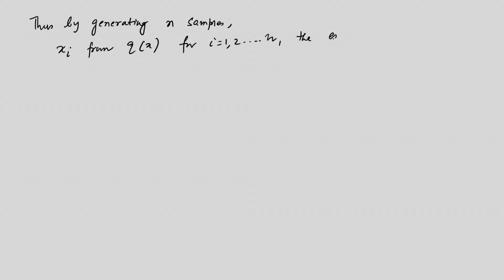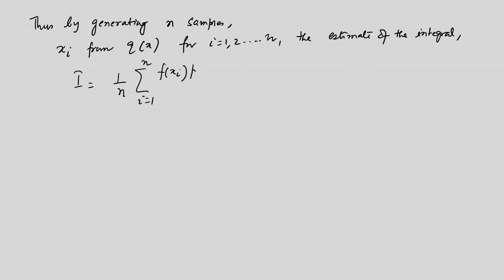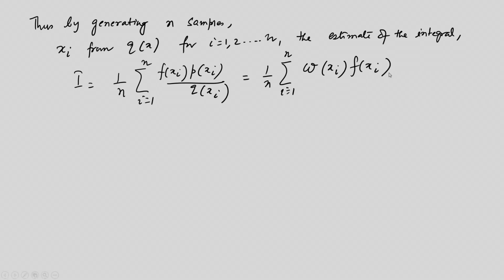the estimate of the integral becomes I equal to 1 over n, sum over i equal to 1 to n, f of x_i p of x_i divided by q of x_i, and this is written as the sum over i equal to 1 to n of w, which is called the importance weights, written with a small w, times f of x_i. Okay.